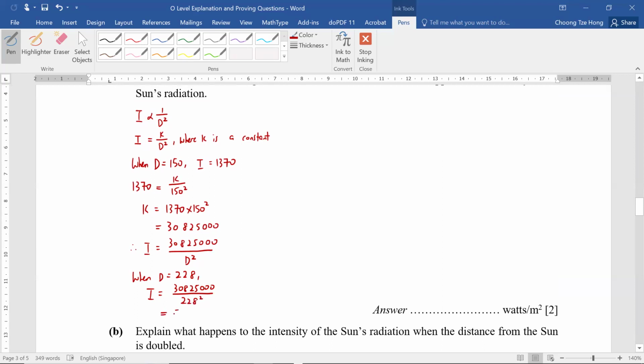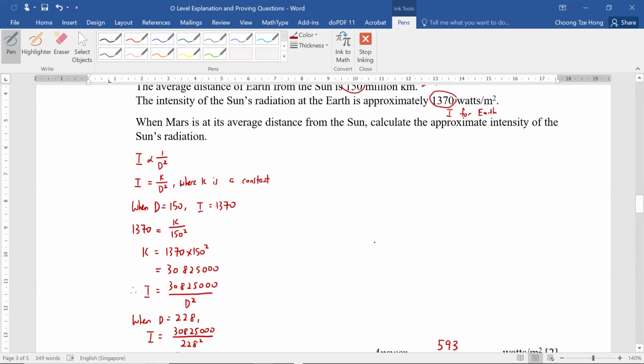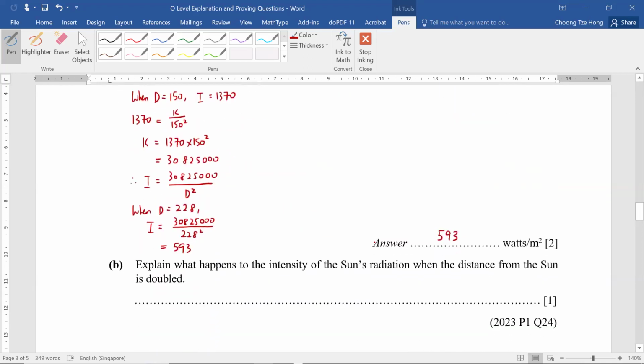That will give us an answer of I equals 539. Just like this, we will have solved the question already. So 539 will be the answer for part A.